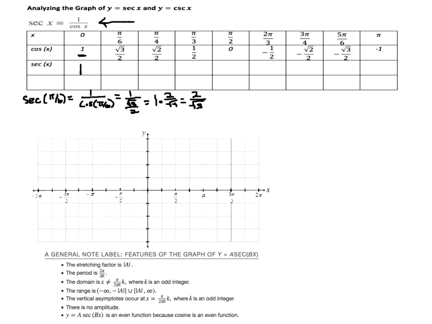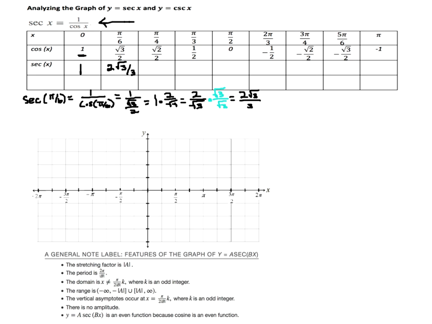I've got to rationalize that denominator by multiplying by the square root of 3 over the square root of 3. And I get 2 square root 3 over 3.